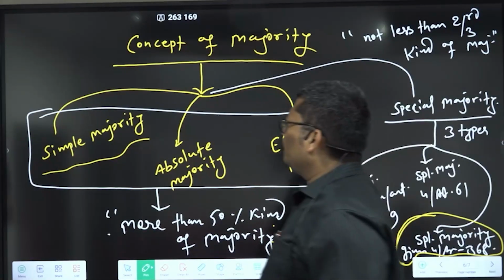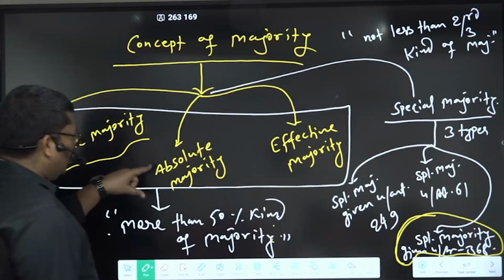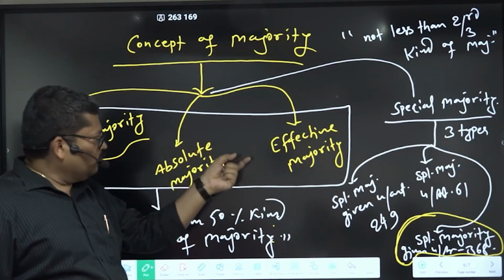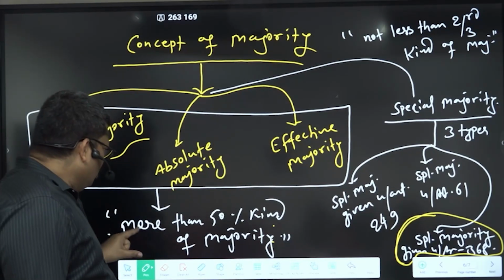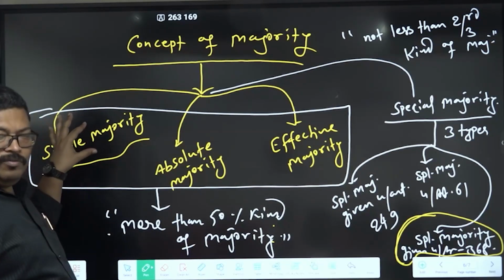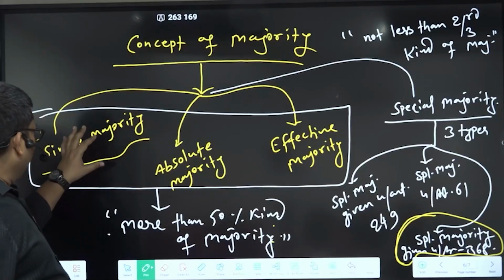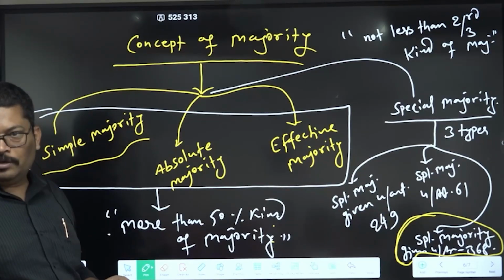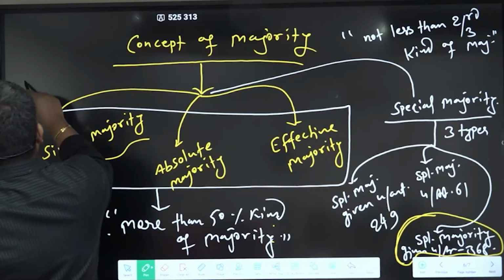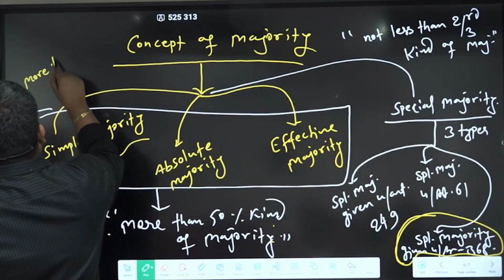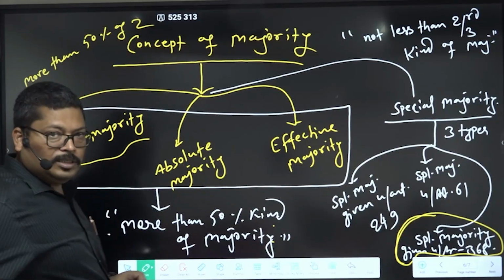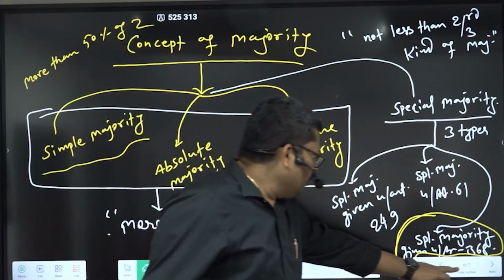Now, simple majority, absolute majority, effective majority. The common thing associated to all these three kinds of majority is what? More than 50% kind of majority. So, while finding out simple majority, you need to apply Z, not X or Y. Means more than 50% of Z. Z means present and voting.